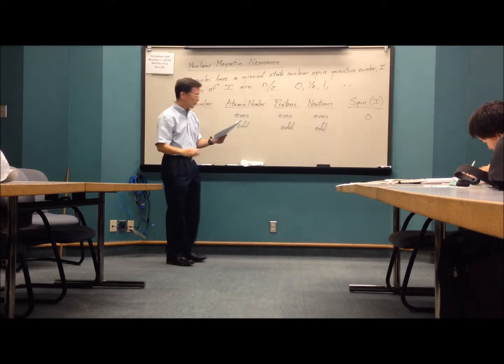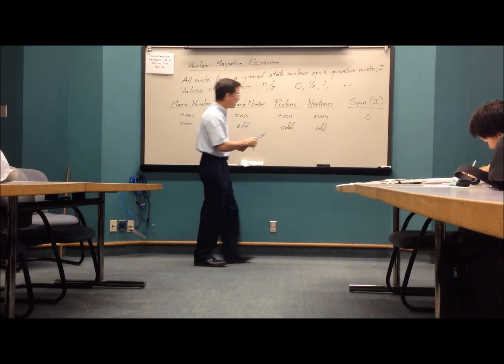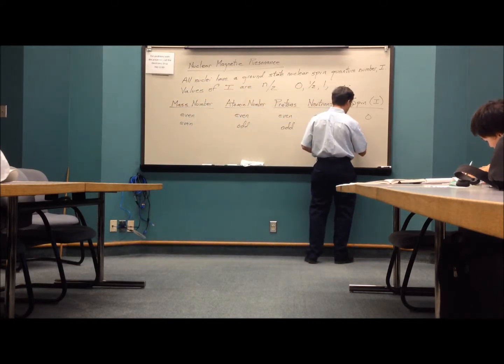If both the number of the protons and the neutrons are odd, then the spin will have integer values.